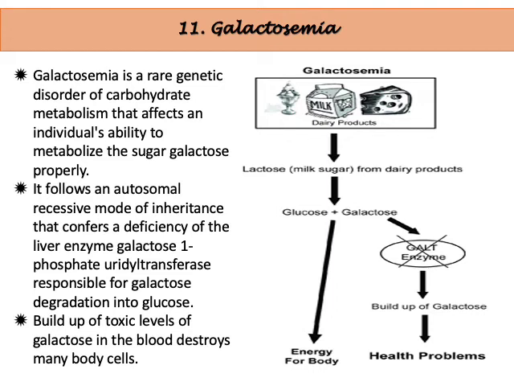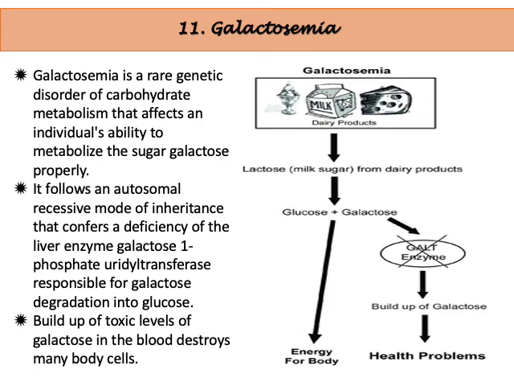Looking at the photo, we ingest lactose in food, mainly from dairy products. This lactose is broken down into glucose and galactose by the enzyme lactase. First is glucose. It is already used by the body for energy. The other one is galactose.